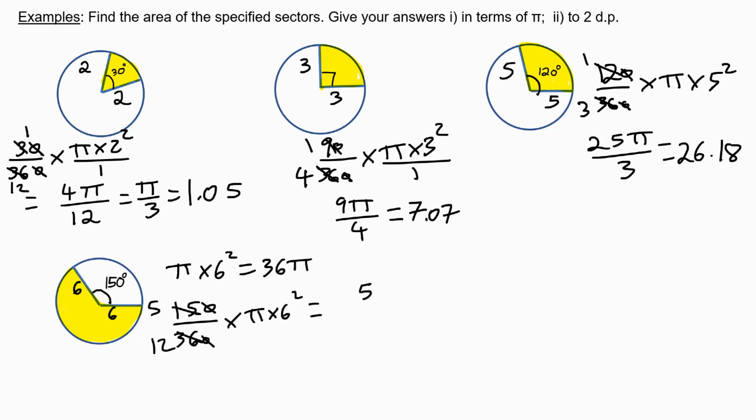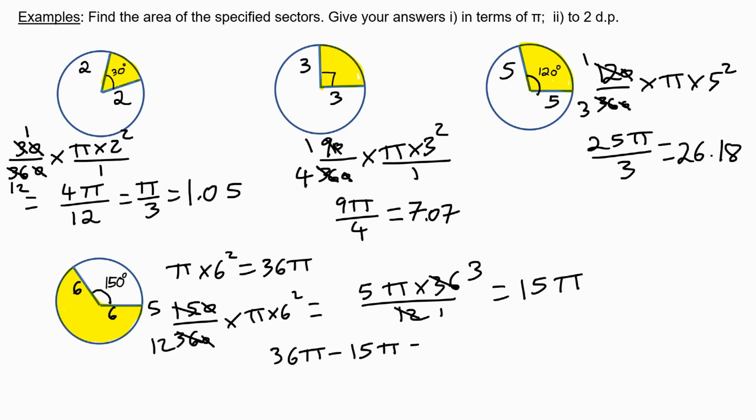That's going to be 5 pi times 36 over 12. 36 over 12 is going to be 3. So we end up with 15 pi. So to work out the area of the major sector, we do 36 pi, take away 15 pi. So 21 pi.